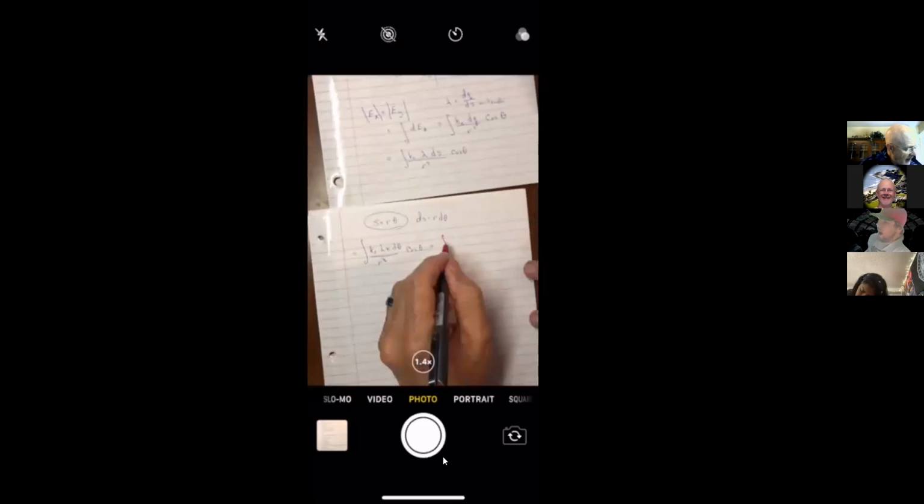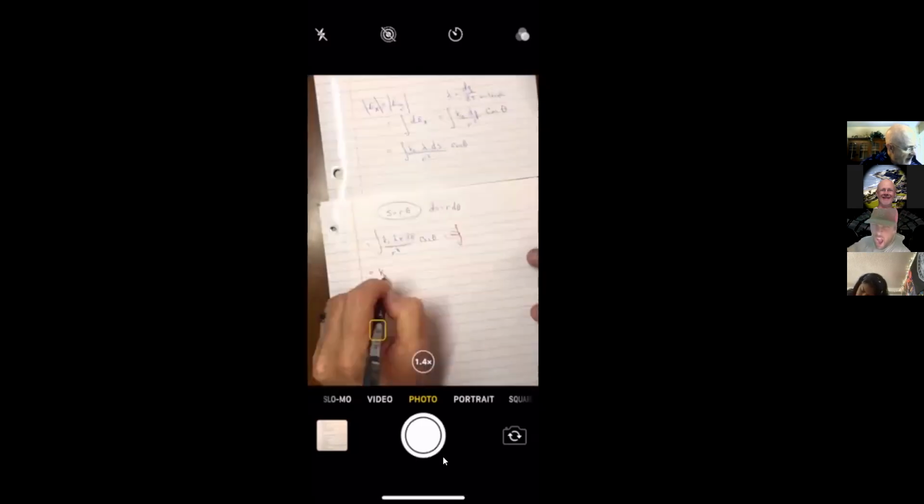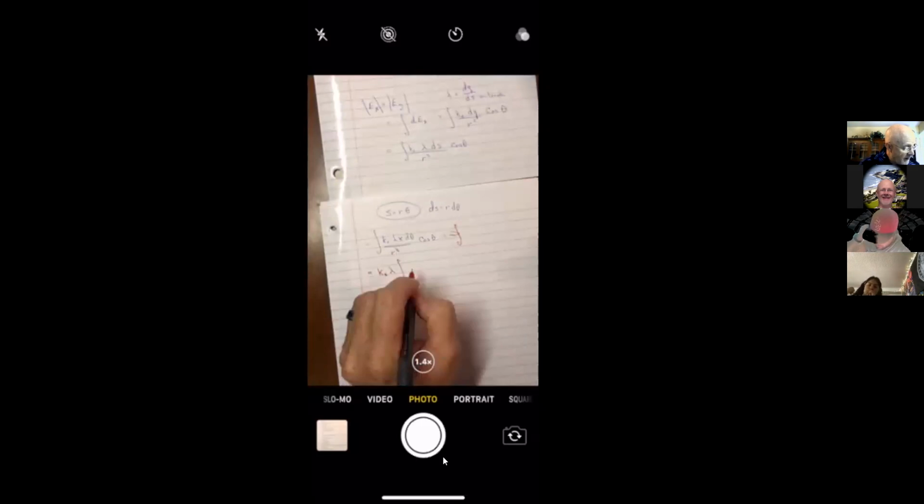I would say that the constants should be pulled out. And they said it was a uniform charge density, so the lambda is the same and Coulomb's constant is the same. And so then we have this d theta, and then we have the cosine.